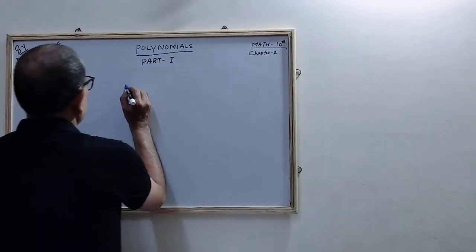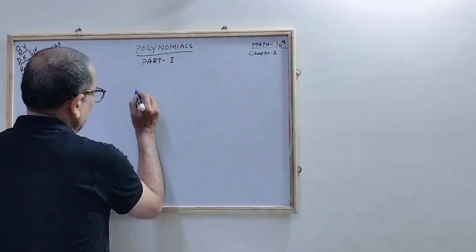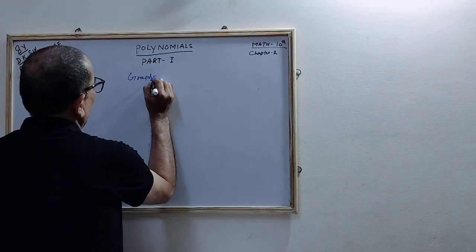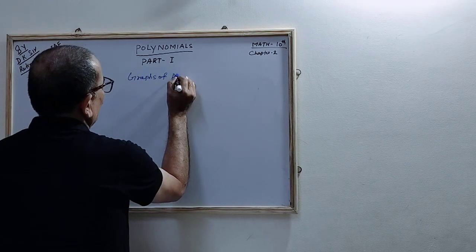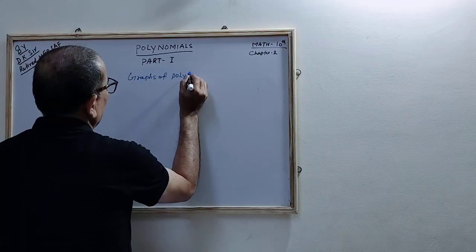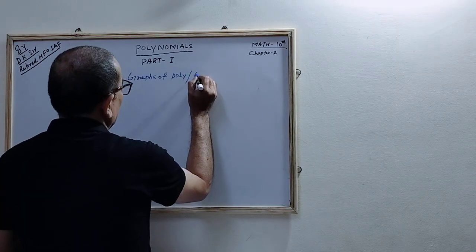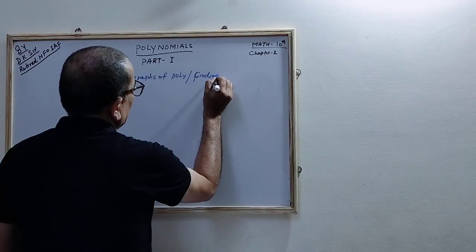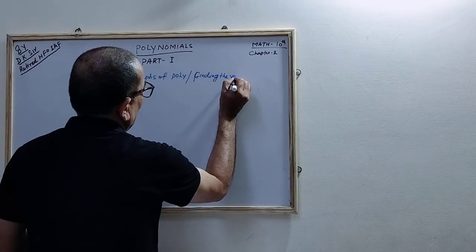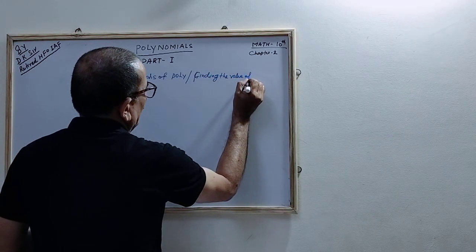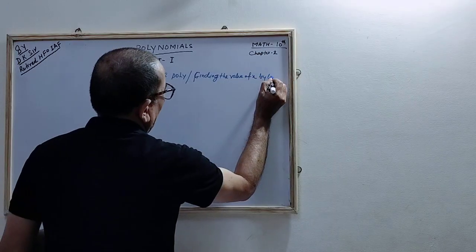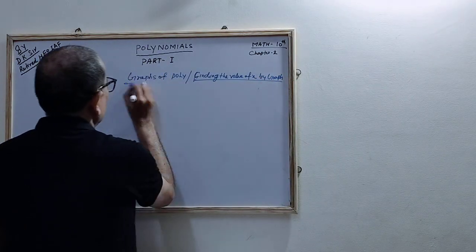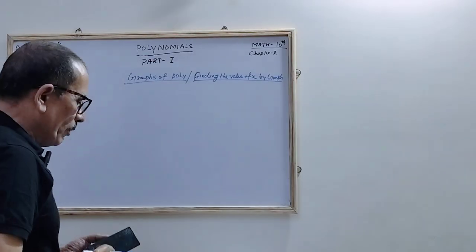So there is a graphical representation, the graphs of the polynomial, or you can say finding the value of x by the graph, correct? With the help of the graph also you can find the values of the polynomial, correct?